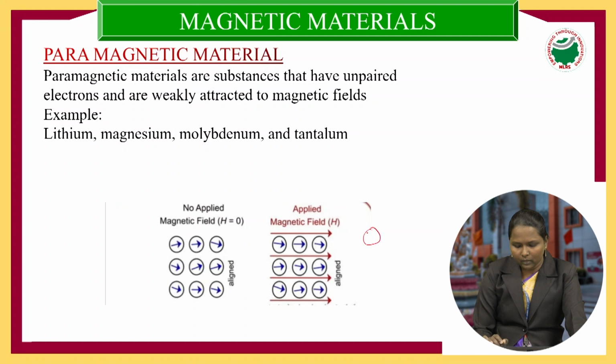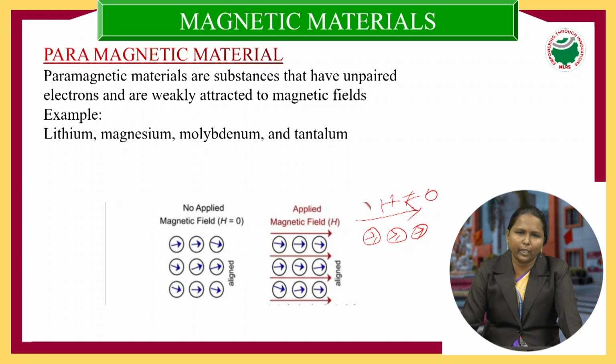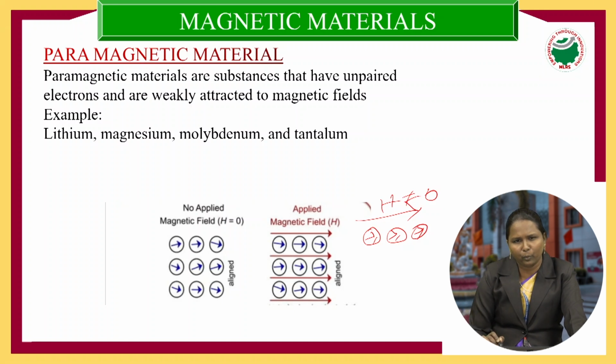The field is in this direction, and the dipoles are not exactly parallel to the applied field. So there is a magnetic moment inside the substance, but it is very small. The resultant magnetic moment of the material is very less. This type of material, weakly attracted by the external field, is called a paramagnetic material.